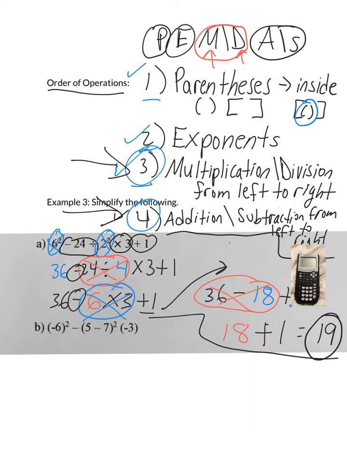And that's how you could get the answer to any order of operations question you'll encounter in this course on the graphing calculator. It is good to know how to do these longhand though, especially if you have kids or you plan on having kids one day.